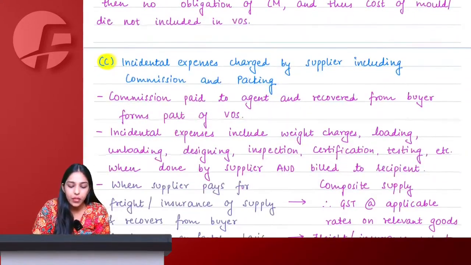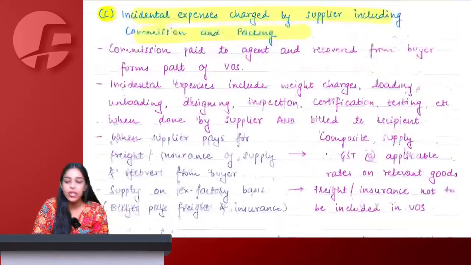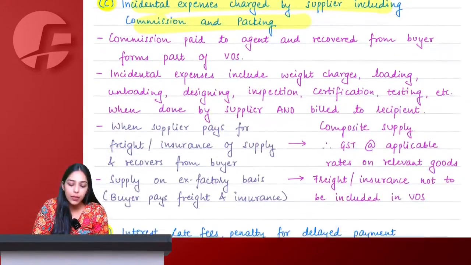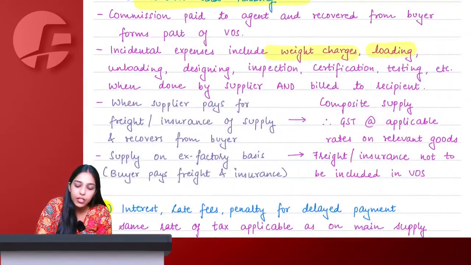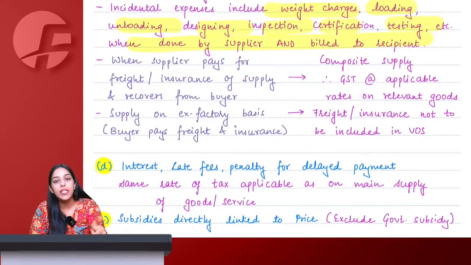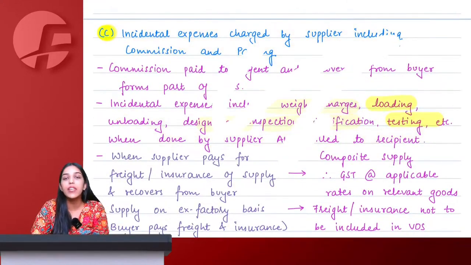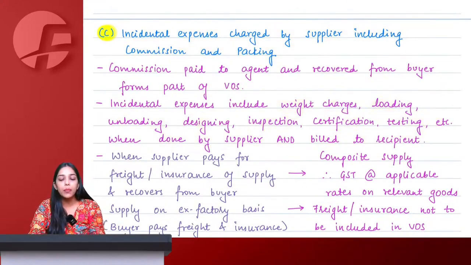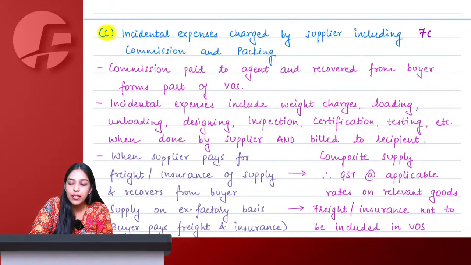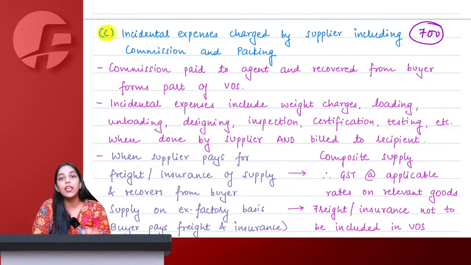Then any of the incidental charges paid by the supplier, including commission, packaging, weight charges, loading, unloading, designing, inspection, certification, testing, that are incurred by the supplier and billed to the recipient. Let's say the supplier has incurred them but we are not recovering them from the recipient. You order books from me, I dispatch the books to you. Now the price of the books, let's say 700, includes everything.